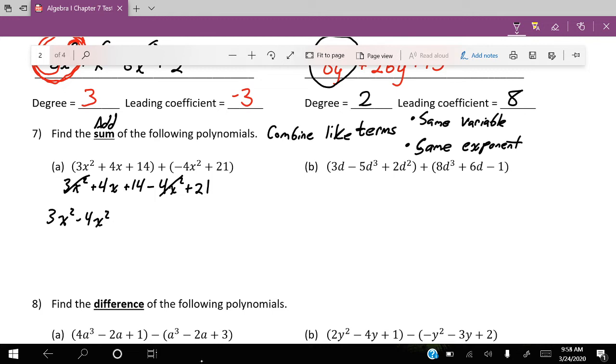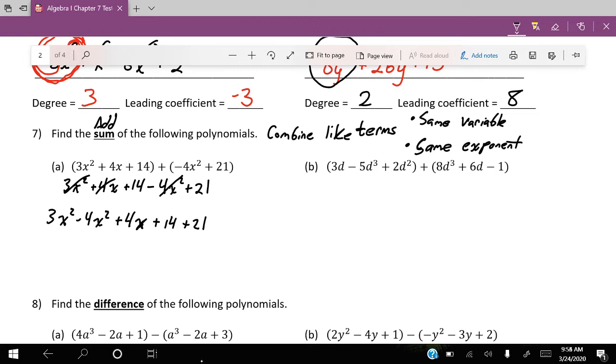Then I move to my next term, 4x, so I'll say plus 4x. 4x does not have a like term, so we'll just write that there. And then the last one is going to be plus 14 plus 21. Notice these ones are like terms because they don't have a variable and they don't have exponents, so they are like as well.